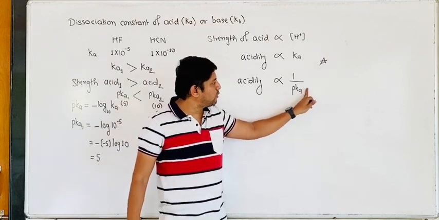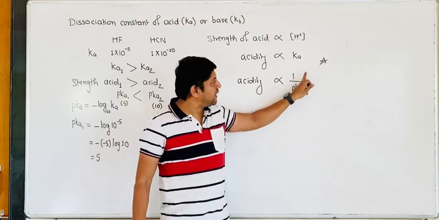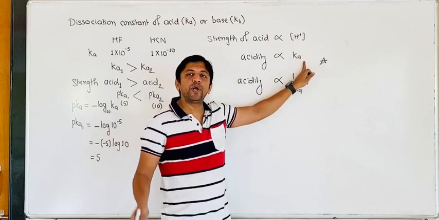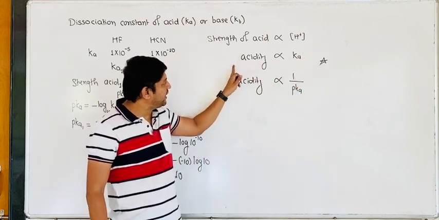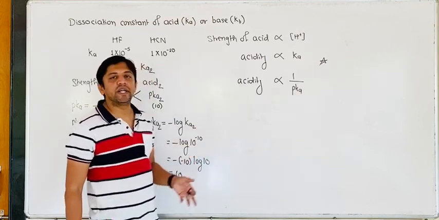As pK value increases, Ka value decreases, and due to decrease in Ka value, acidity decreases.